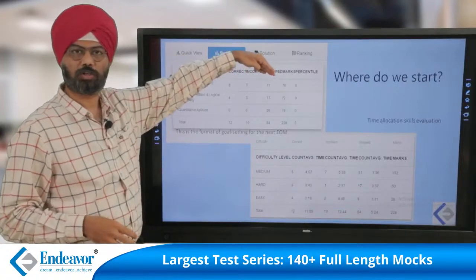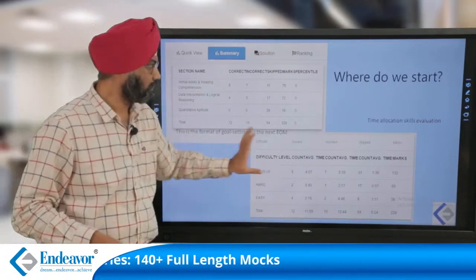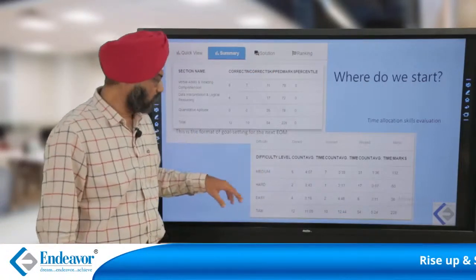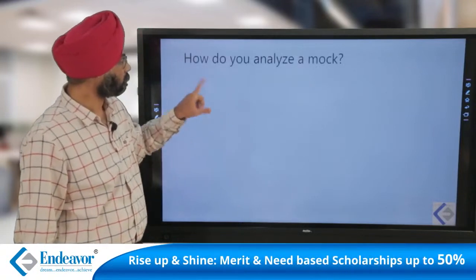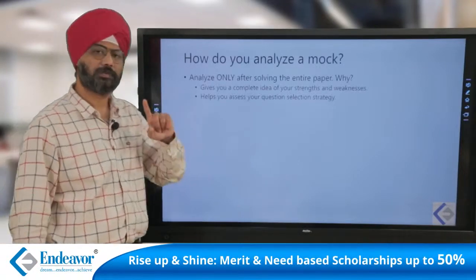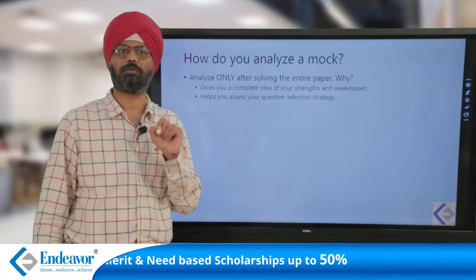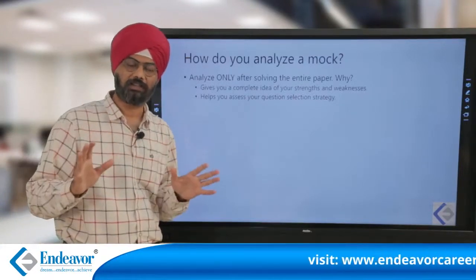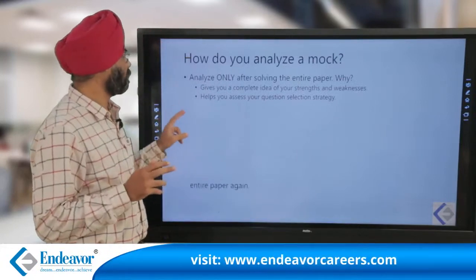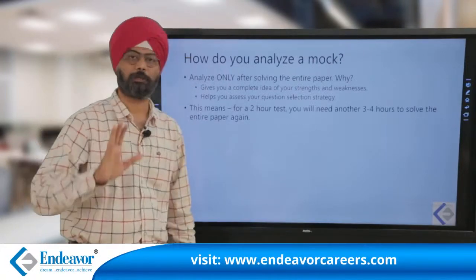That's what my score should reflect. And then this is going to be my benchmark going ahead. So tips. What do you do when you have to analyze a mock CAT? First things first, you analyze a test only after solving the entire paper.